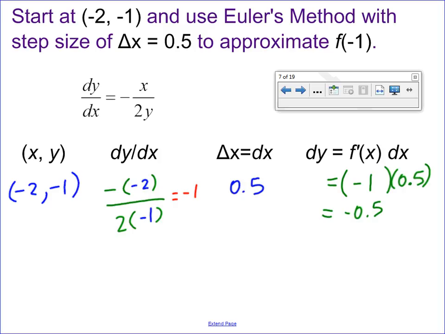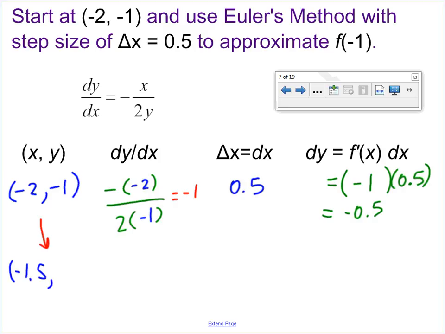So I'll increment my x and y coordinates based on how much I stepped over, delta x, and my anticipated change dy from a differential. Here we go. My new point, before I restart the process, becomes -2 plus 0.5 units over, which is -1.5, comma.